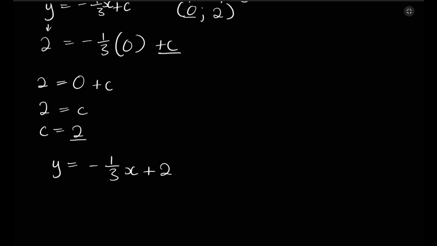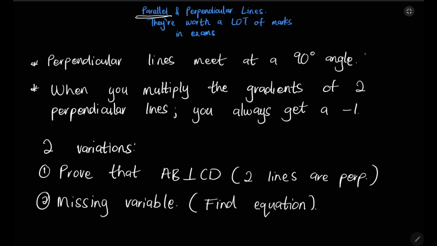Now let's do a quick recap. What you should have in your notes is this information about perpendicular lines. Firstly, perpendicular lines meet at a 90-degree angle. When you multiply the gradients of two perpendicular lines, you always get a negative 1. Remember that this is the symbol that we use to show that two lines are perpendicular. What else?